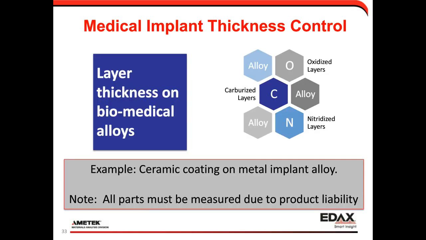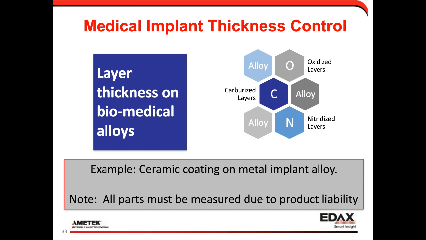One last example, measuring coating thickness on medical implants. You'll typically have some sort of a titanium alloy. These are commonly used in making metal implants for artificial hips, other artificial joints.